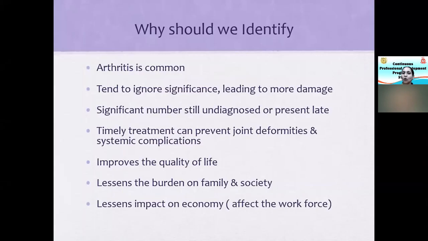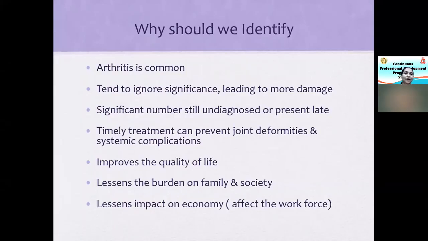Now, why is it important for us to identify? We know that arthritis is common, but its significance is largely ignored, which will lead to accumulation of damage. Still, with our current knowledge and awareness, a large number are either undiagnosed or present quite late.